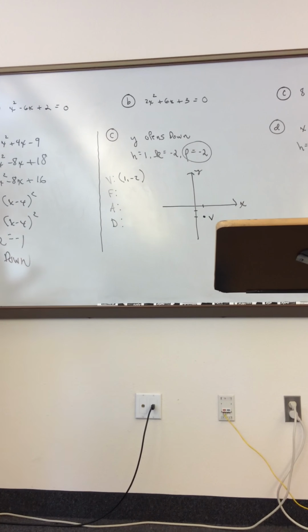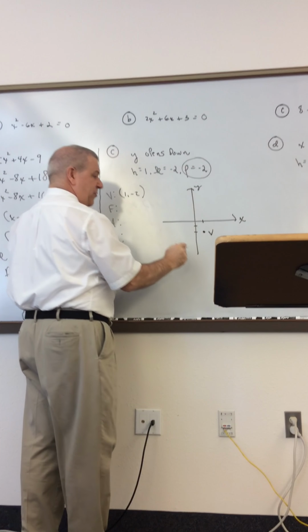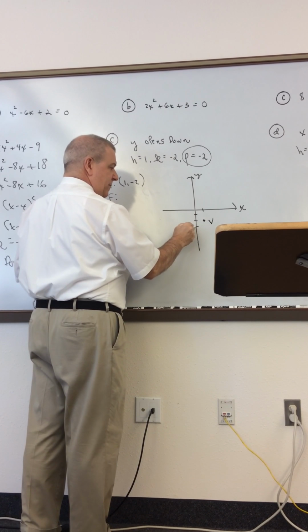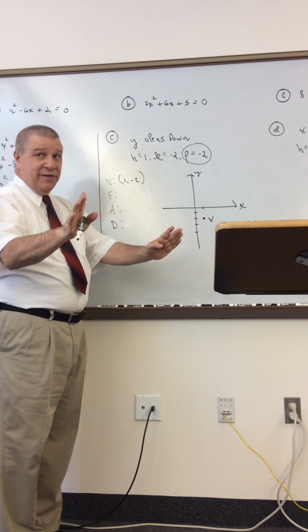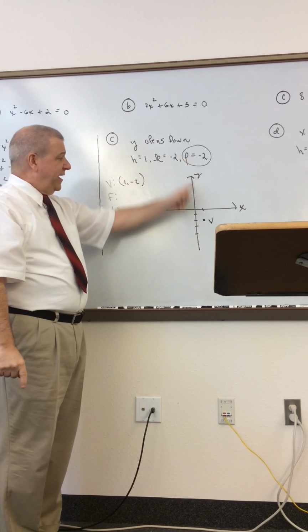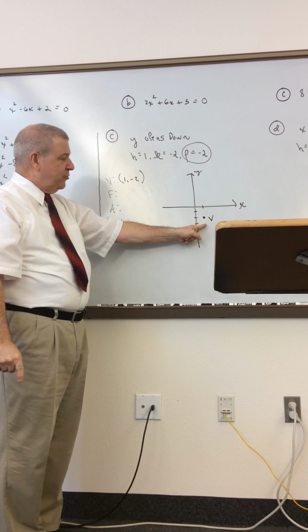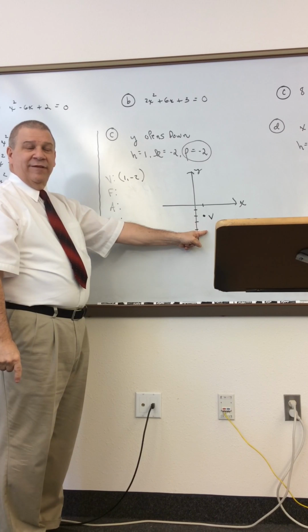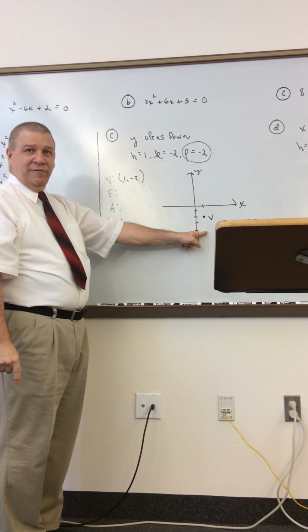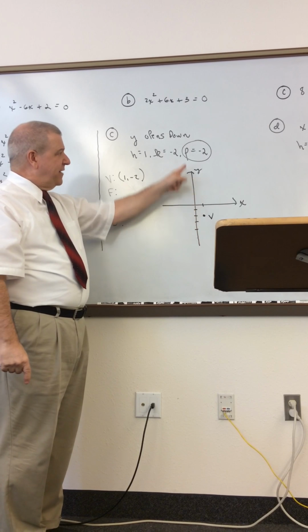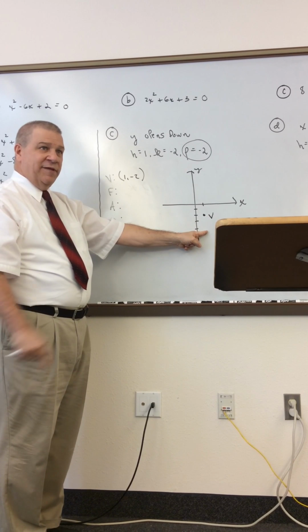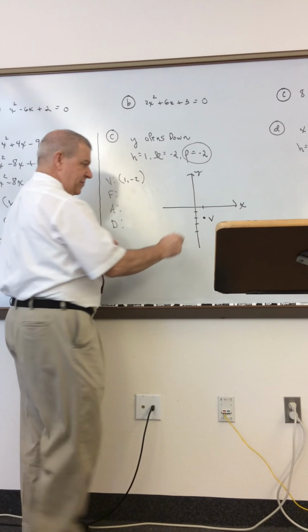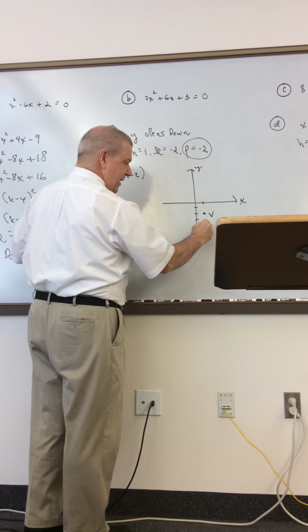So if P is negative 2, remember the focus has to be on the inside, right? Wouldn't that mean you have to go 2 units down to get the focus? If P is negative 2, isn't the focus going to be 2 units below the vertex because it goes down? Look, put that in there.